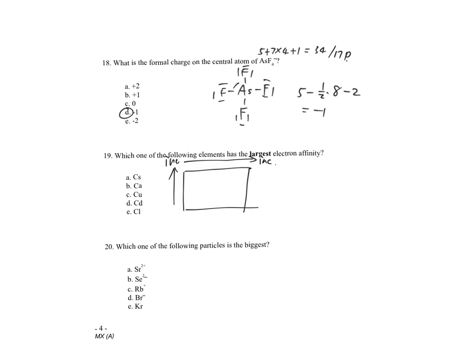So elements in the upper right corner are going to have higher electron affinity, and the right is the area of the nonmetals, and you only have 1 nonmetal here, and that's your chlorine. And I believe this question on the exam is the smallest, but that doesn't change the way that we approach this.